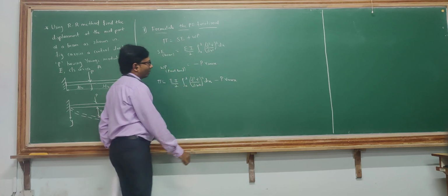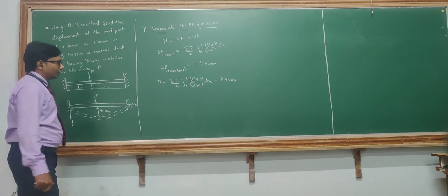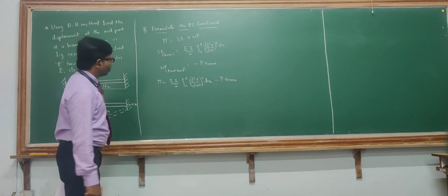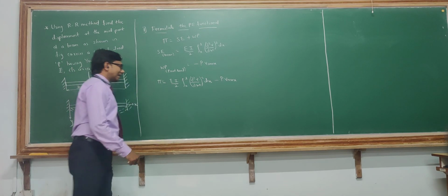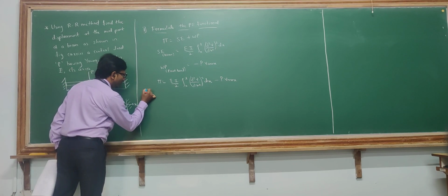So this is the equation for the potential energy function. We have derived this now. What is the second step? We have to assume a displacement function.